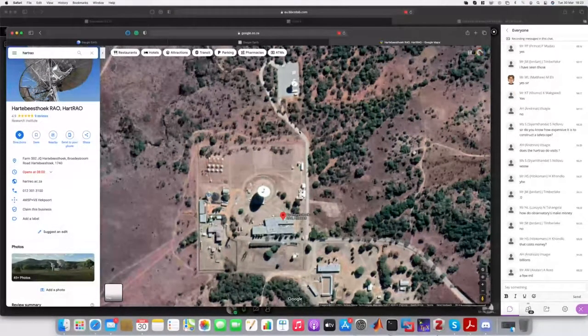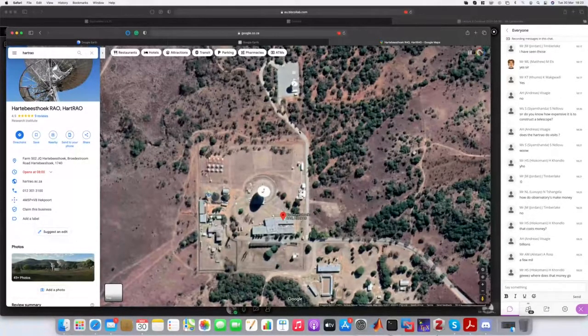Yes, that costs money, millions of rand. I'm not completely sure, but the last figure I saw, it cost something like 16 million rand to change the name.